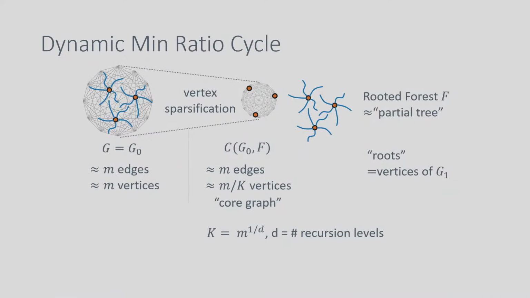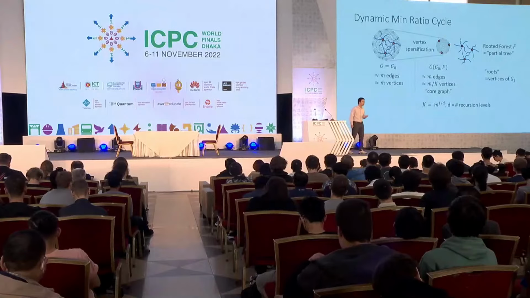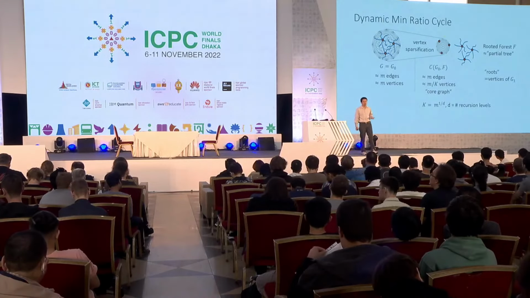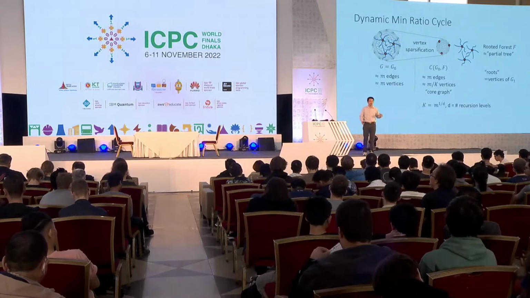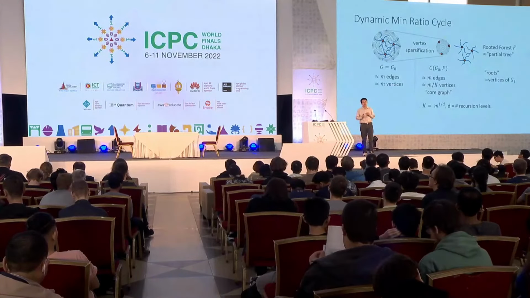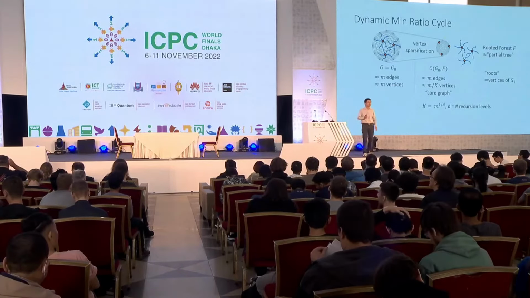Now you get to a smaller graph. And the key thing now is that if I define a partial tree to be a tree with at most something like m over k edges removed, where k is my recursion reduction factor, I get a problem whose size is smaller by a factor of k. So the vertex count decreases by a factor of k. And this is what we call the core graph.